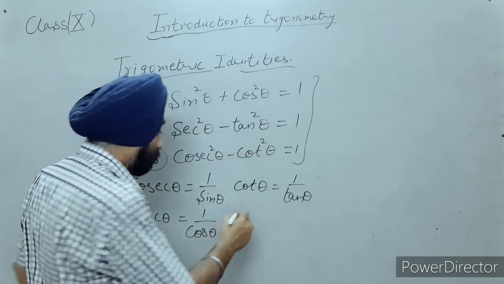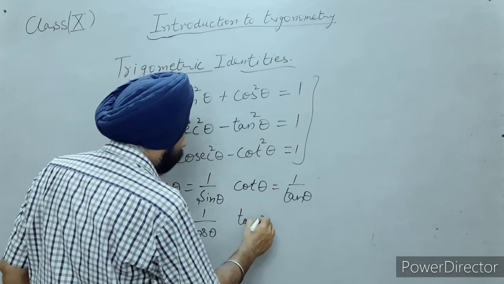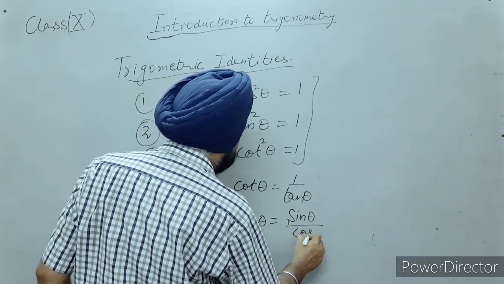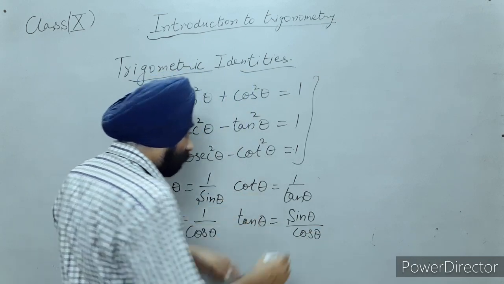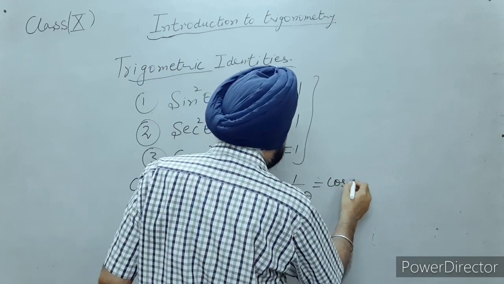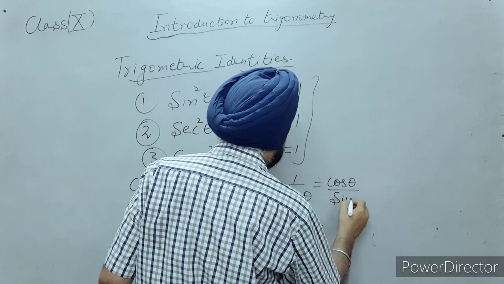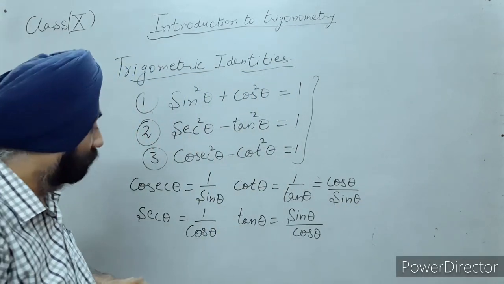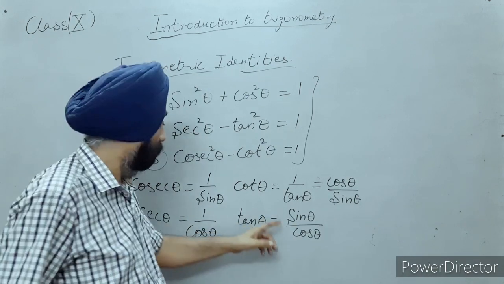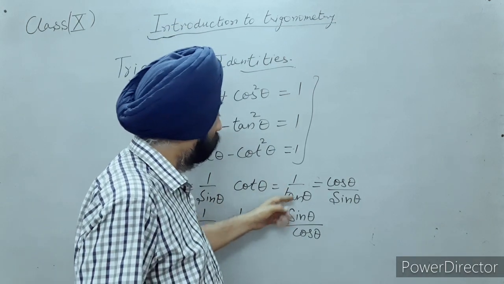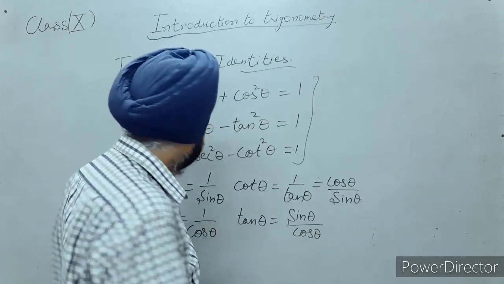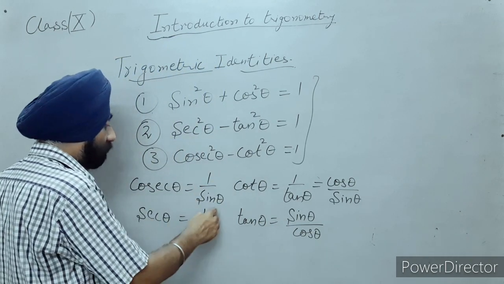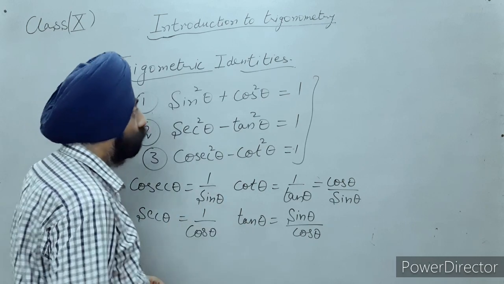Now tan theta is the ratio of sine theta upon cos theta. So cot theta will be cos theta upon sine theta, because it's the reciprocal of tan theta. So cosecant is the reciprocal of sine theta, secant is the reciprocal of cos theta, and so on.